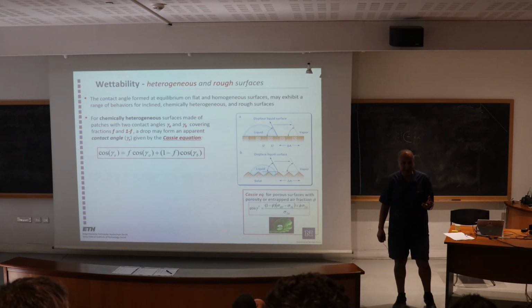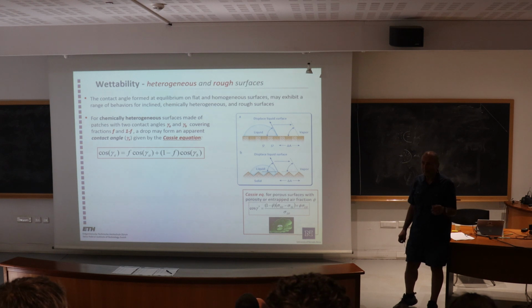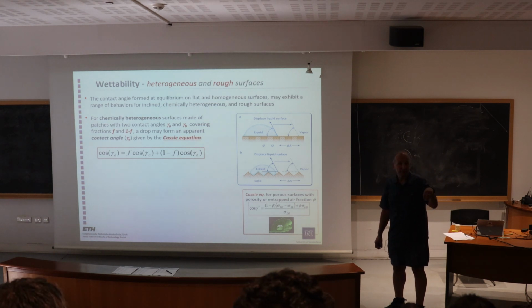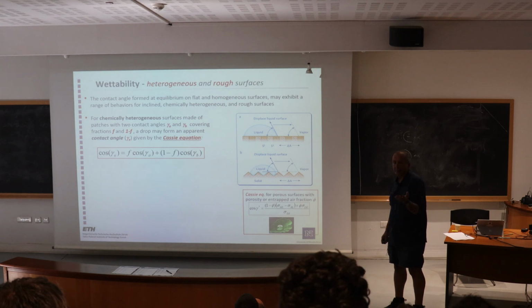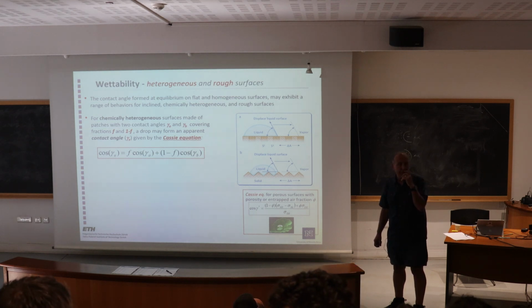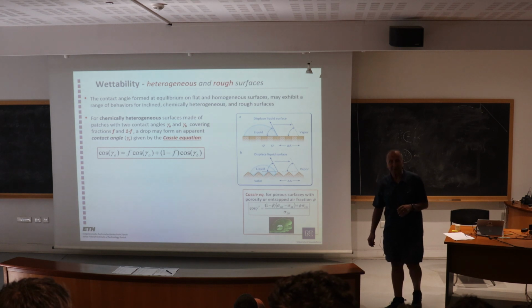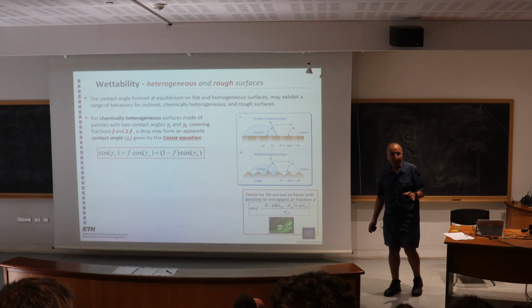So porosity becomes a parameter for characterizing the effective contact angle of droplets sitting on porous surfaces, be it a mesh or a screen or even entrapping air, as I'm showing here in this nice image from Escher. Okay, is it clear?